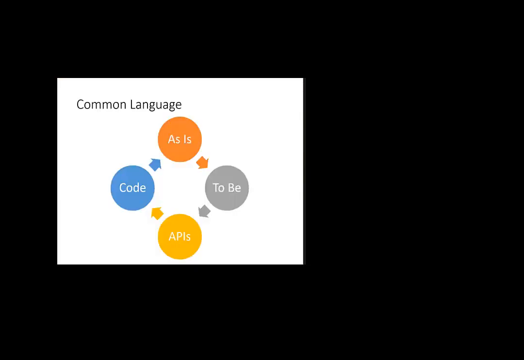And to me, the beauty of this is a common language that can represent the as-is system, can flow directly into the to-be system, can be captured by the software developers and architects as application programming interfaces, can manifest itself in the code, and can continue with this as a virtuous cycle in software development.